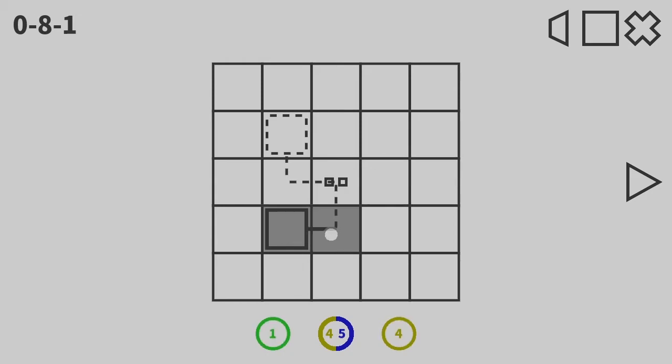If I put this here, it's okay. That's okay for that rule.